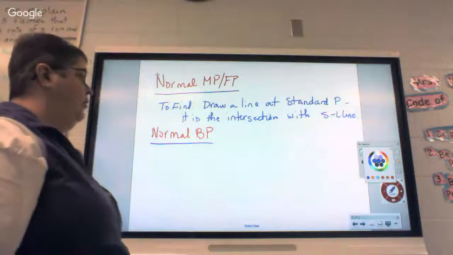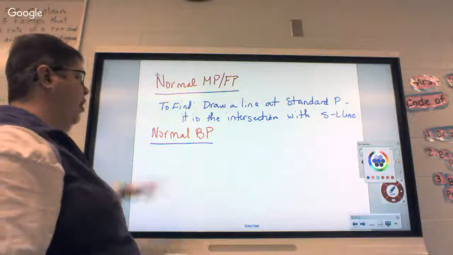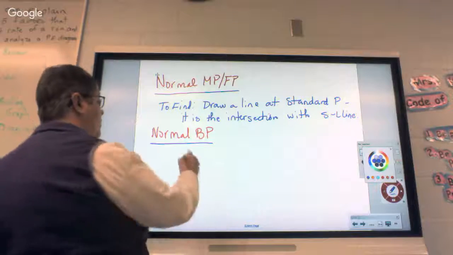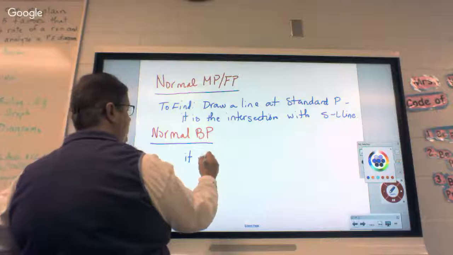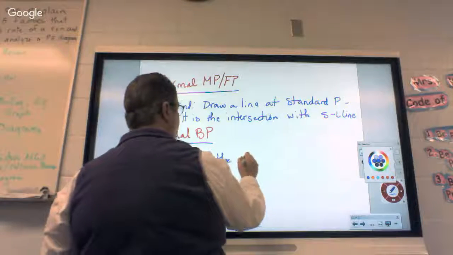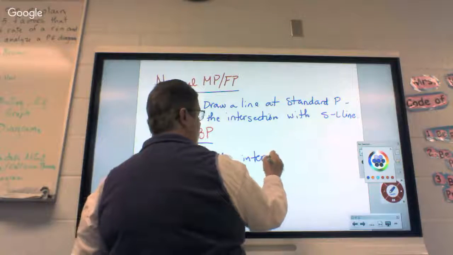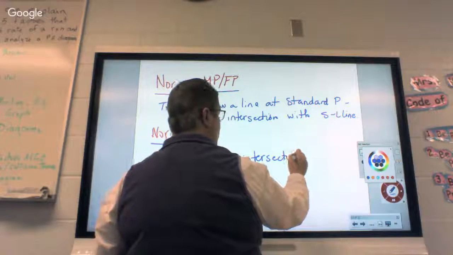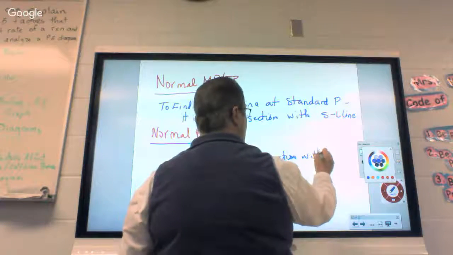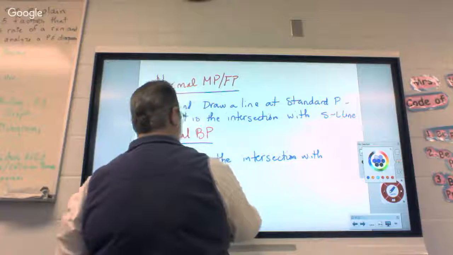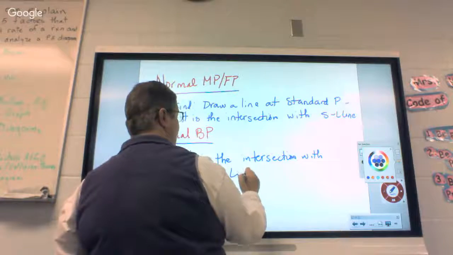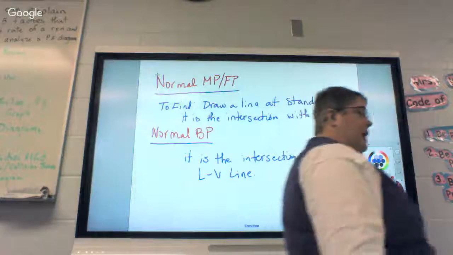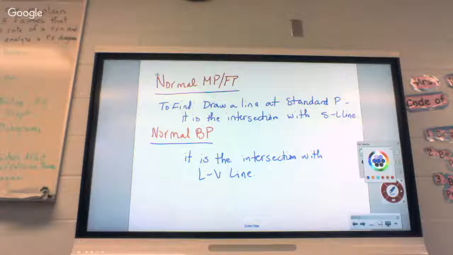Okay? So with boiling point, after we draw the line at standard pressure, this one is the intersection with what? With the liquid vapor line. But again, we have to draw this line in all the way across the graph, just like we did with the equilibrium vapor pressure.